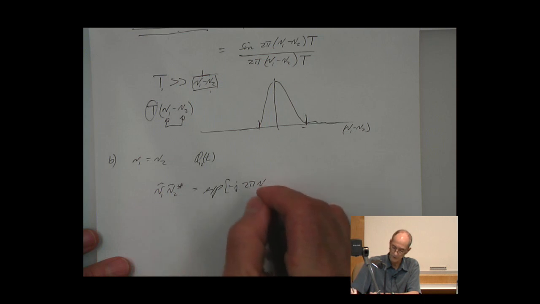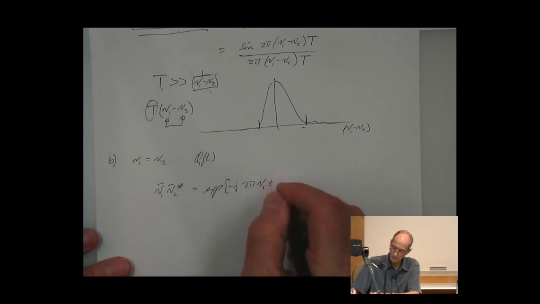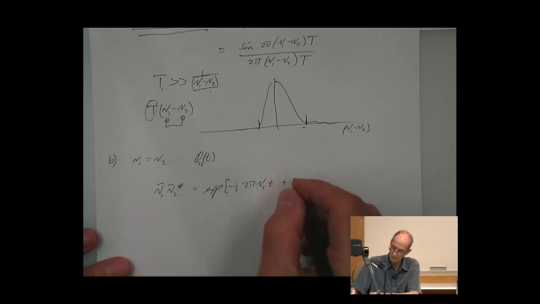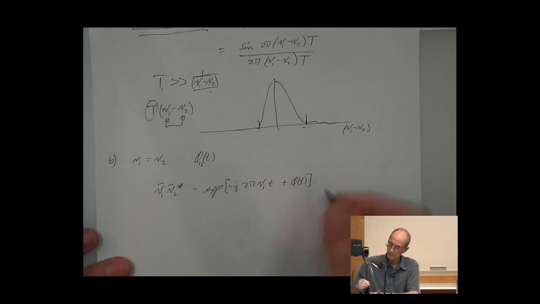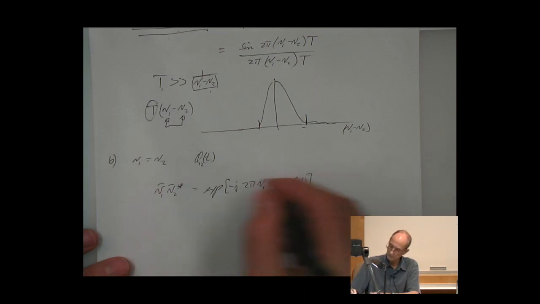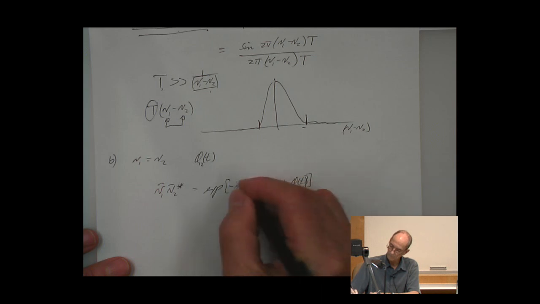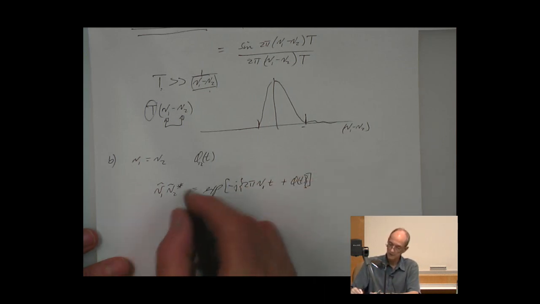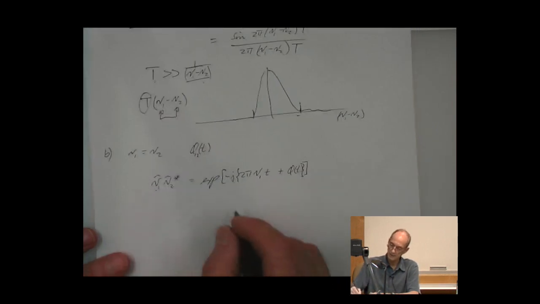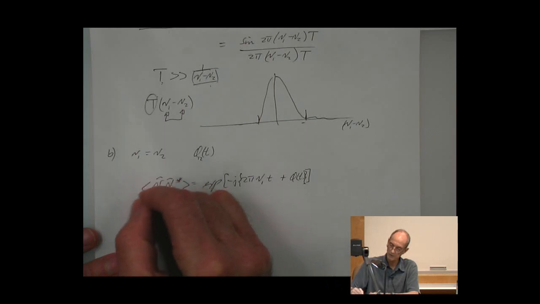We can call that nu 1 times t, but we have also this phase term, phi of t here. Right, so that's our V1 V2 star, but we need the time average of that, right?